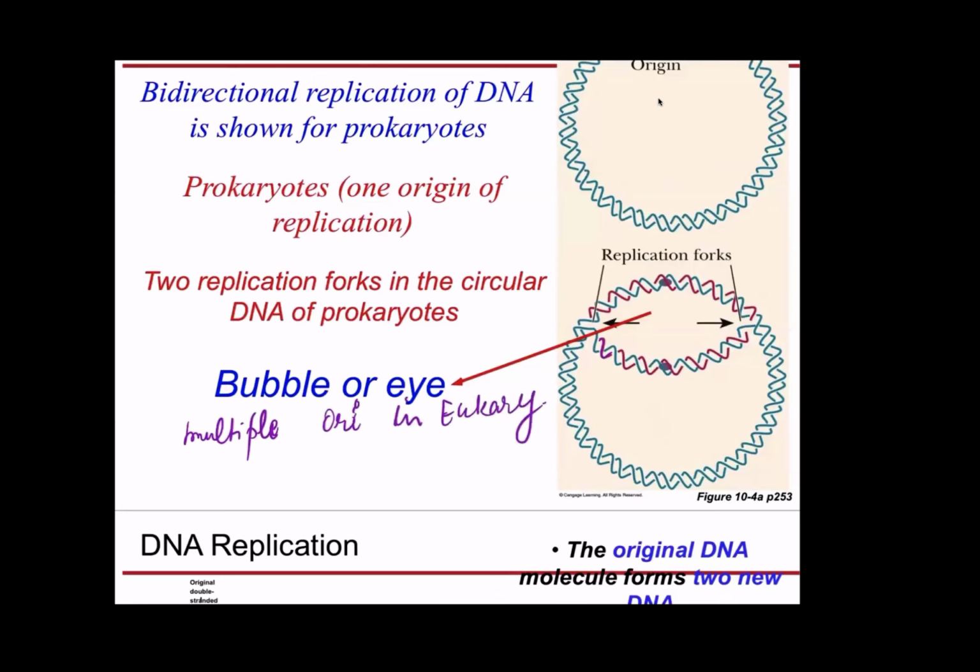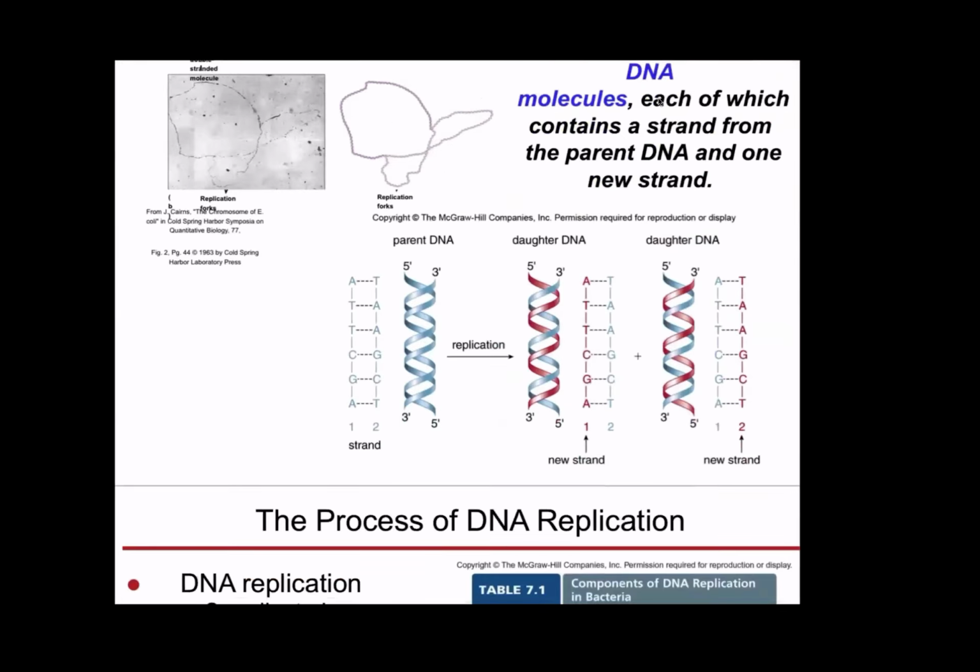It's not only one, because eukaryotic DNA is linear. So you will have one bubble here, one bubble here, one bubble here, and multiple enzymes are carrying out the DNA replication. So it's feasible to do a 6-foot long DNA replication in eukaryotic cells, for example, human cells.